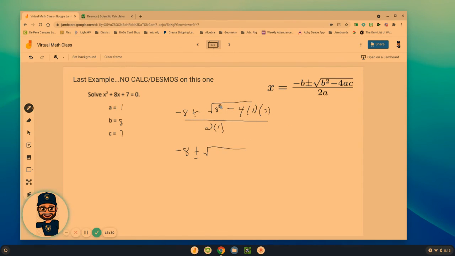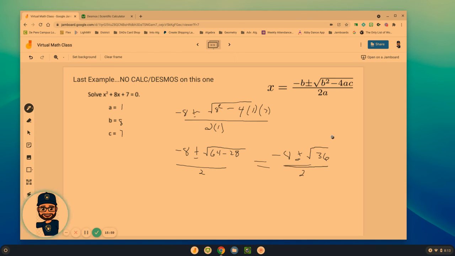We got to figure out that part first. 8 squared is 64 minus 4 times 1 times 7, that's 28, minus 28 all over 2. Now we got to still figure out what's underneath that square root. Minus 8 plus or minus the square root of 36 all over 2.